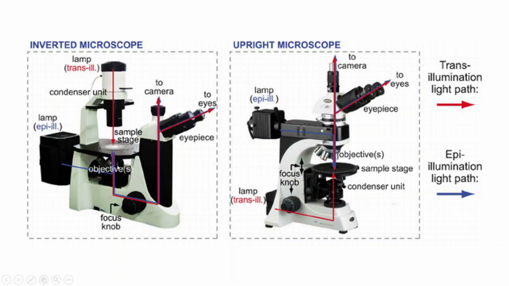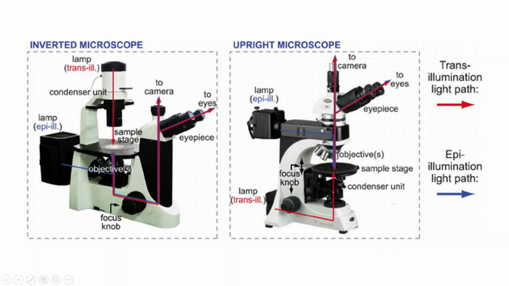So you can see that if you look at the distance the objective covers to the sample you are looking at, in an inverted microscope the objective will be much closer as compared to an upright microscope, because if you keep the sample here, the first barrier will be at the top, right? There is no cell growing there. The cells will be growing at the bottom of the cell culture, which is kept there.